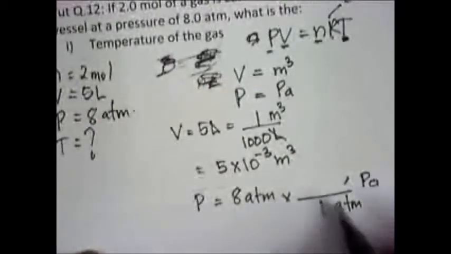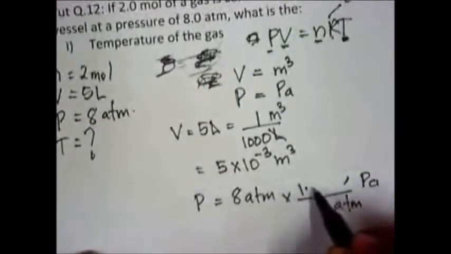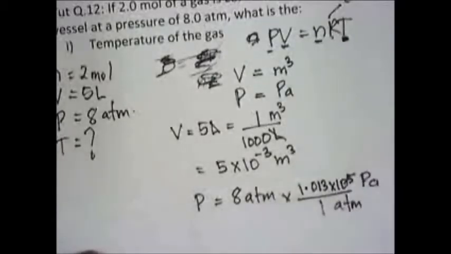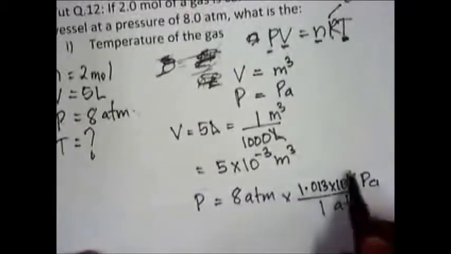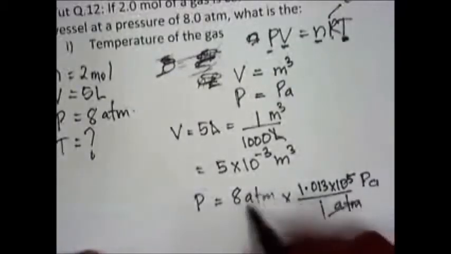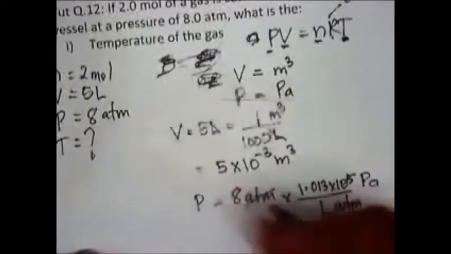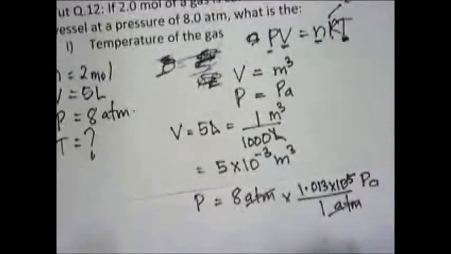Okay, so in 1 atmosphere you have 1.013 times 10 to the power 5 pascals. Okay, so 8 multiplied by that value will give your answer in pascals. Right? Now once you have converted them, you can find your temperature.